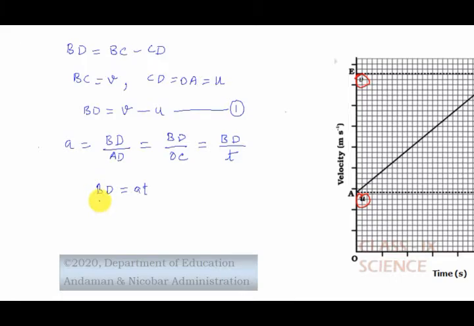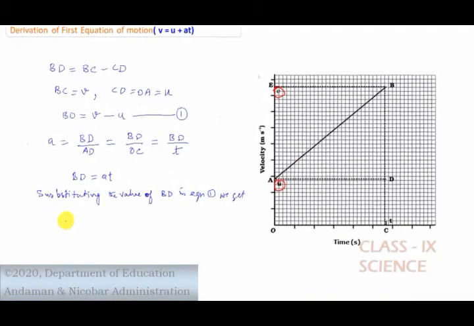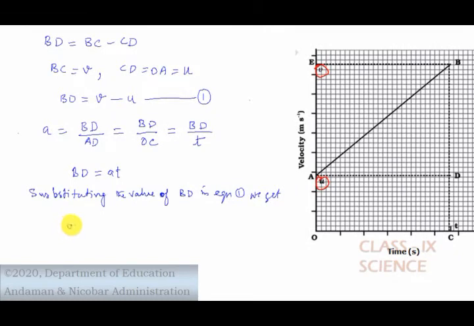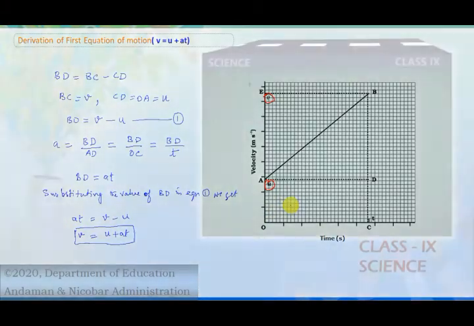So by substituting the value of BD in equation 1, in place of BD we write AT is equal to V minus U. By rearranging this equation, we get V is equal to U plus AT. So this is the first equation of motion which we can derive by using the graph.